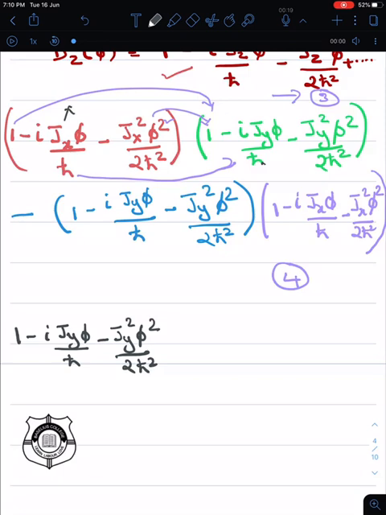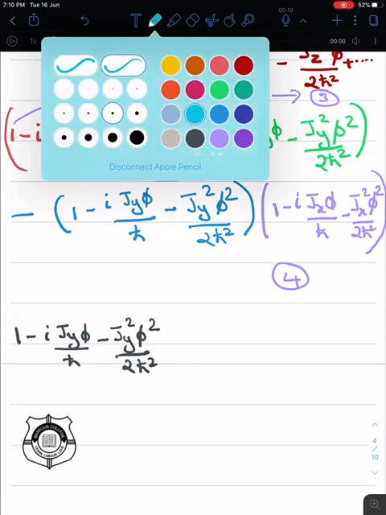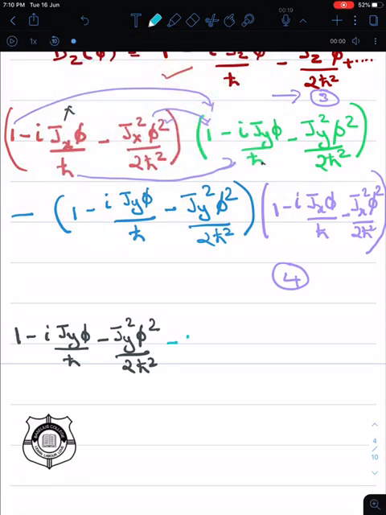You have minus i Jx phi by h cross. Then you have this i here, also you have i, it becomes i square, which is equal to minus 1. So this minus and minus will become plus. So you have, position is important as I told before, Jx Jy phi by h cross.